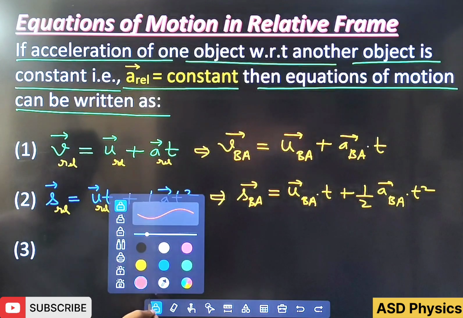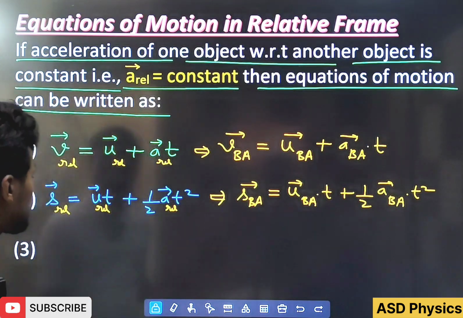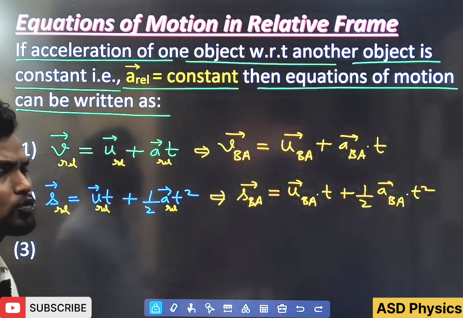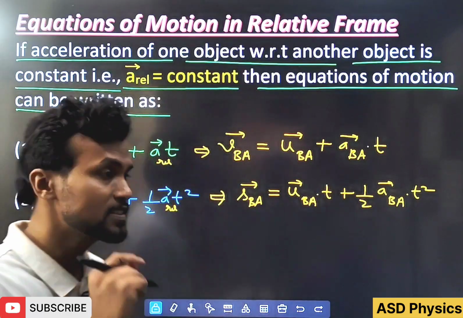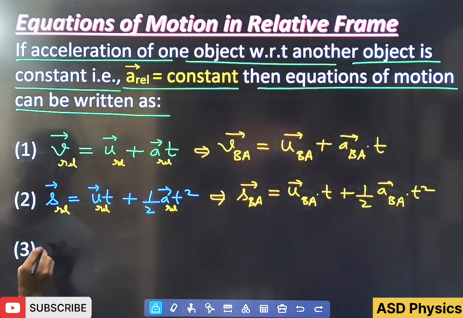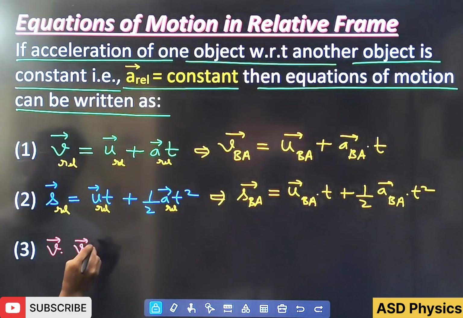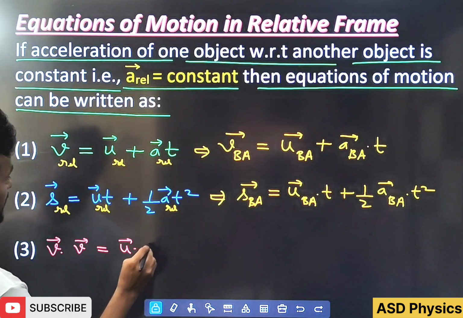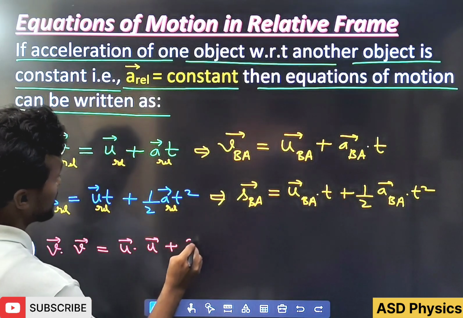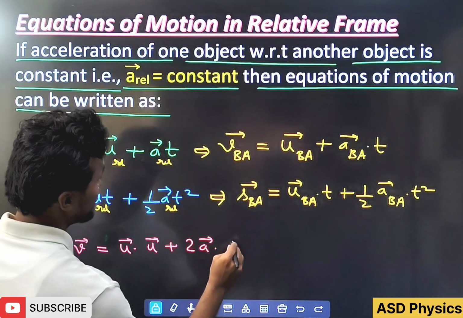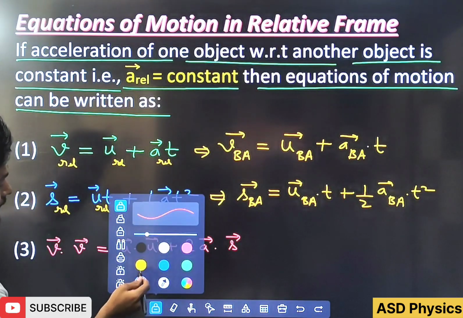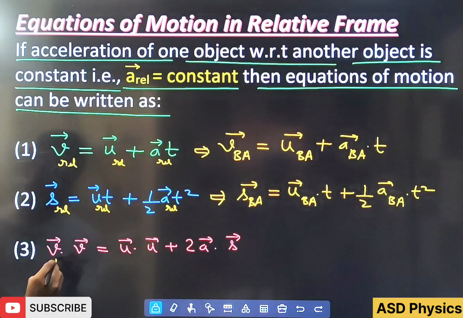And if I write here the third equation, so what is the third equation? You know very well here, v square equal to u square plus 2as. Is it? But I will write here in a vector form. So kindly see here please. I can write here, vector v dot vector v is equal to vector u dot vector u plus 2 vector a dot vector s. Okay, and when we are using the relative velocity means I can write here, this is relative, this is relative.